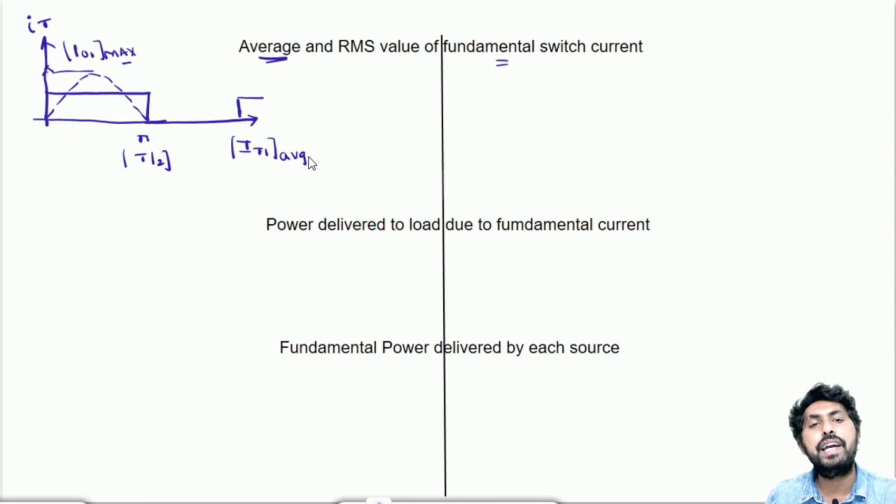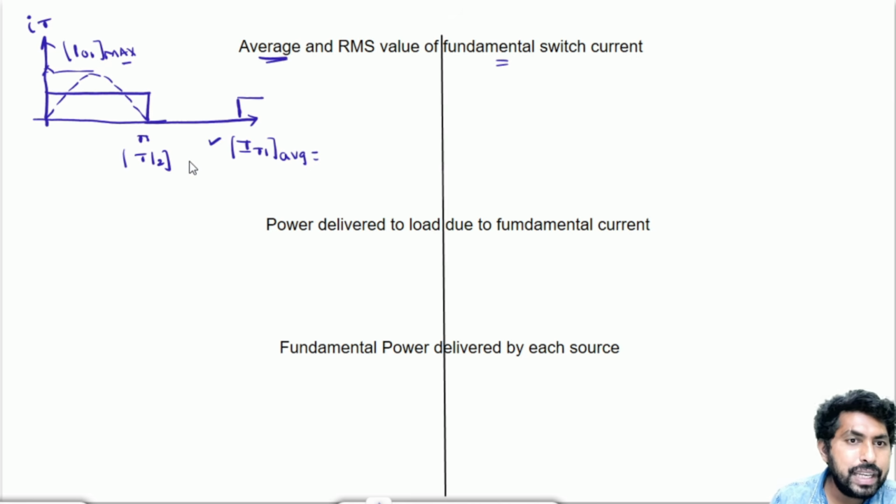How can I find the IT1 average value? Here there is no need to memorize any formula, just remember the procedure, just remember the concept. So IT1 average equals 1 by 2 pi into the integration from 0 to pi.